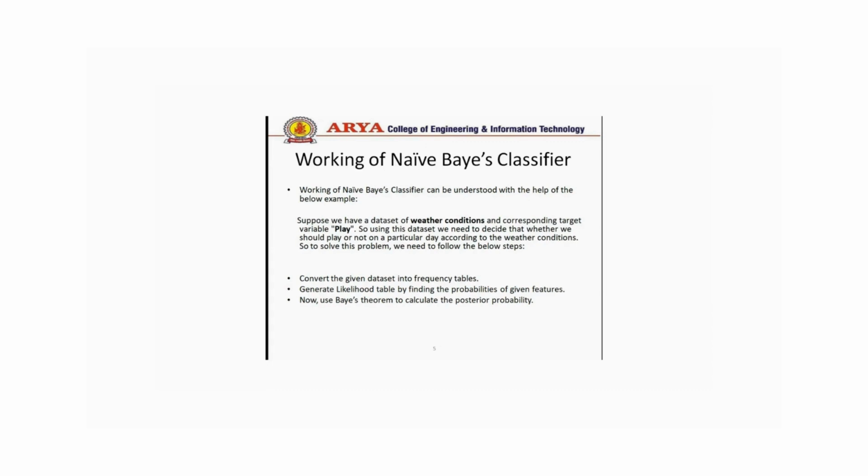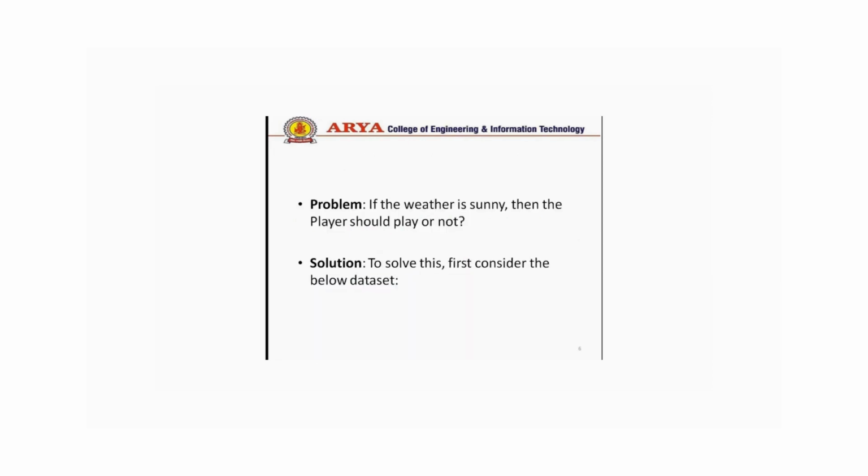We create likelihood tables by finding the probabilities of given features, and then we apply Bayes theorem. So there are three steps. First, we convert the given data set into frequency tables, then we calculate likelihood tables, and then we apply Bayes theorem.